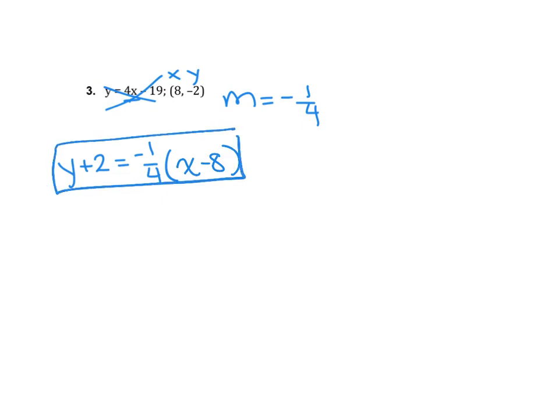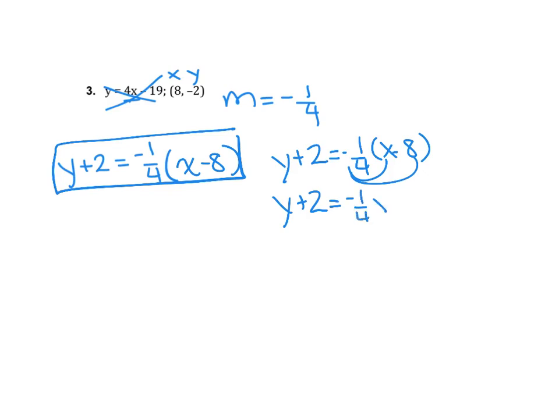Let's put this into standard form. So let's take y plus 2 is equal to -1 all over 4 times x minus 8. Now let's simplify. y plus 2 is equal to -1 all over 4 x, and then I have to take -1/4 times 8, so we're going to have plus 2. All right, so I'll add the 1/4 x.